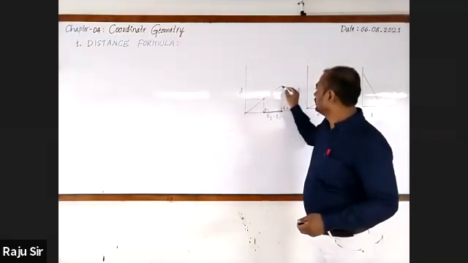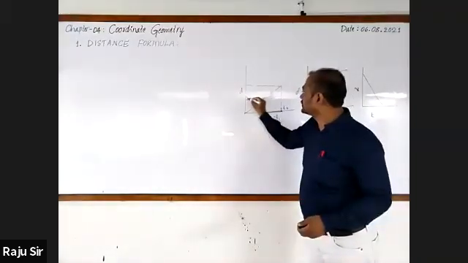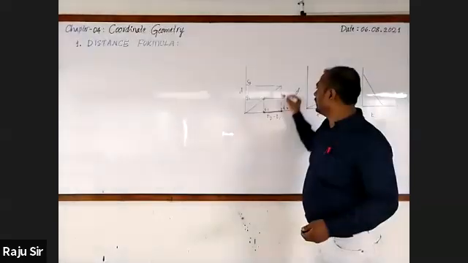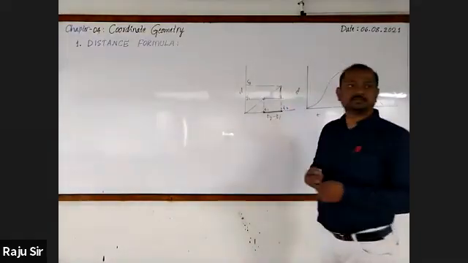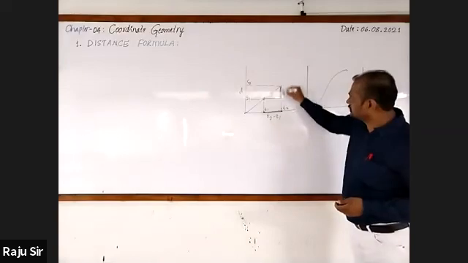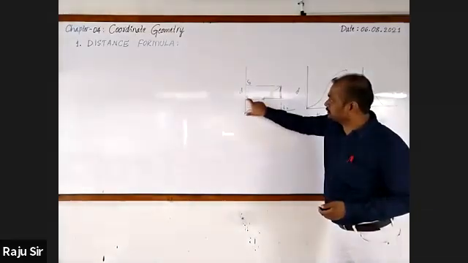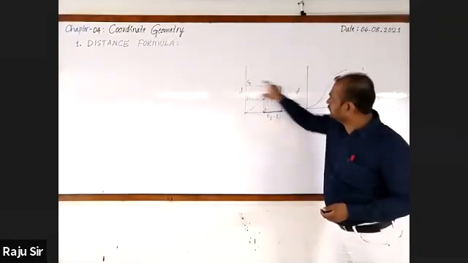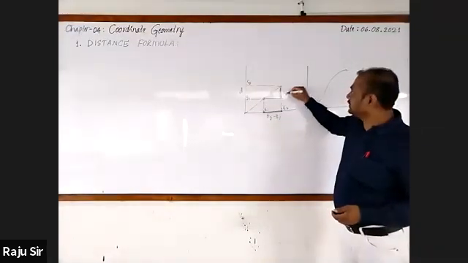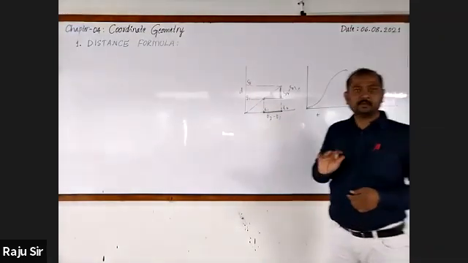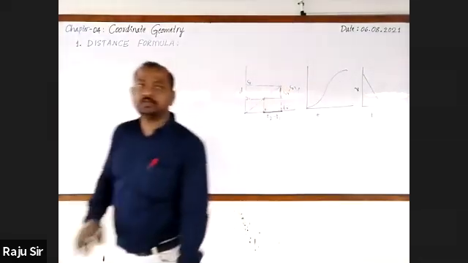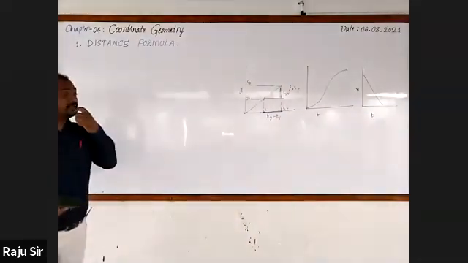Similarly, this is S1 and this is S2. If you subtract S1 from S2, you will get this distance, nothing but S2 minus S1. We are going to use this, recalling this concept only.